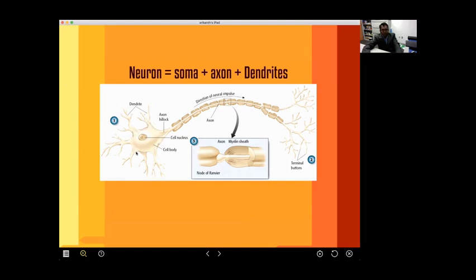We call this main basic part of the cell as soma. And there are some extensions, as if the cell membrane extends. Some of these extensions of the cell membrane are smaller, and there is at least one extension that is very long. And you call this long extension the axon. And these shorter branches or extensions as dendrites.